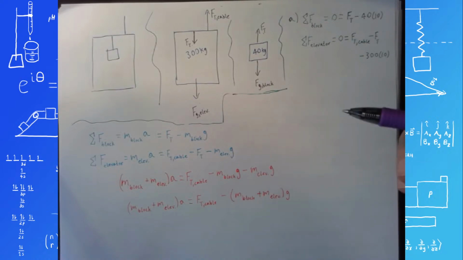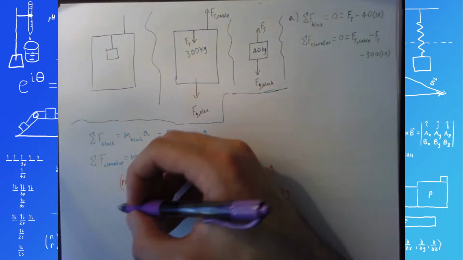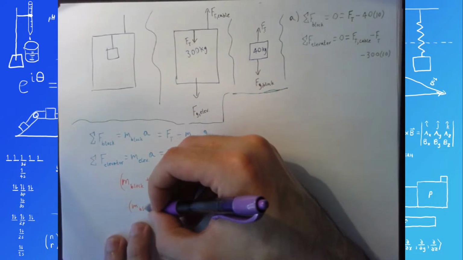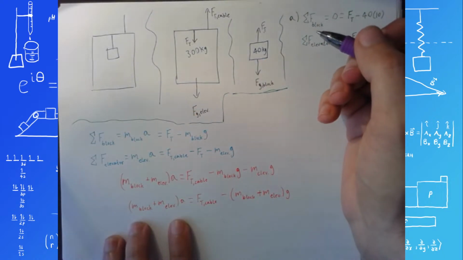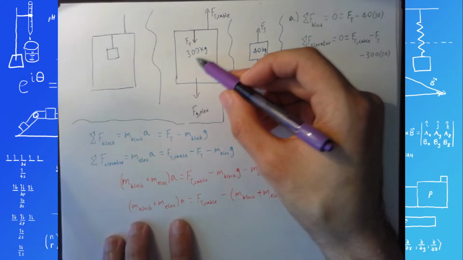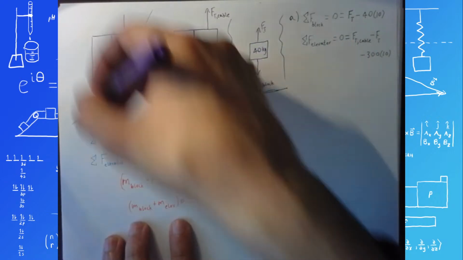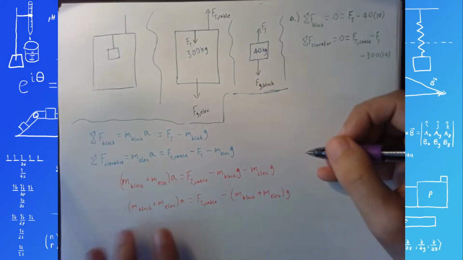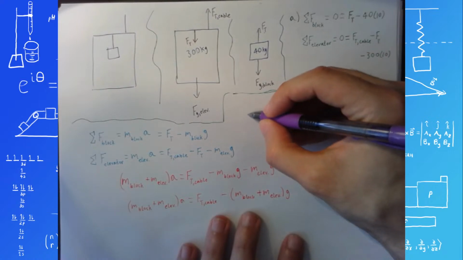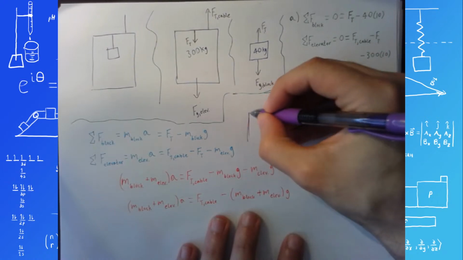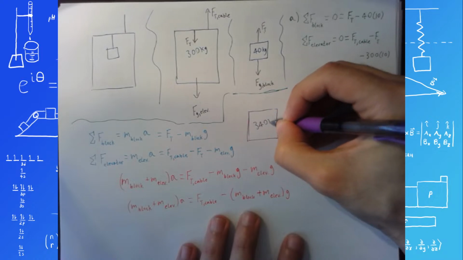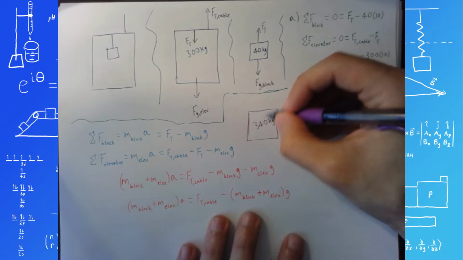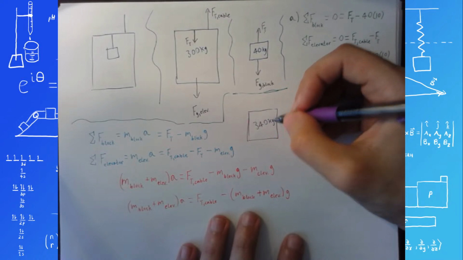And what does this actually tell us? So this tells us that if you combine the mass of the block and elevator, if you treat them as a single object whose mass is 340 kilograms, if you treat this as a 340 kilogram thing, then all the internal forces disappear.